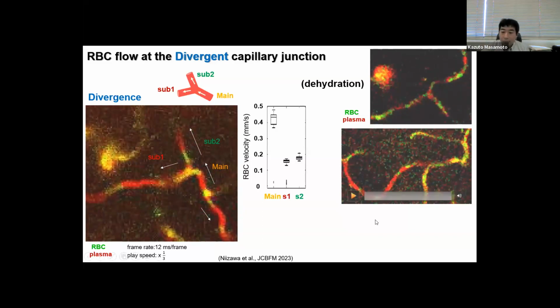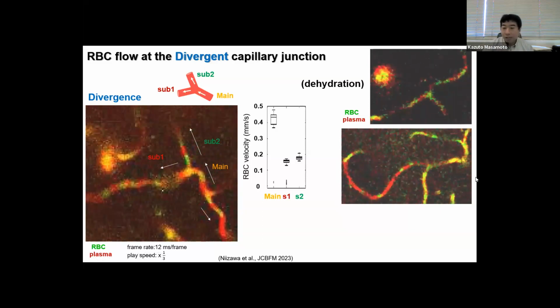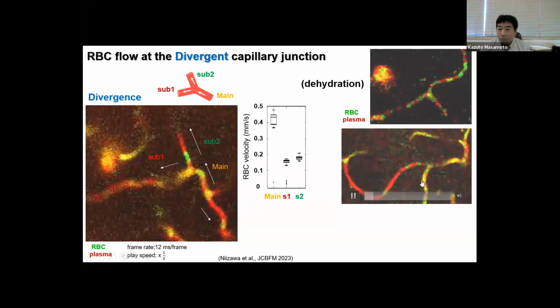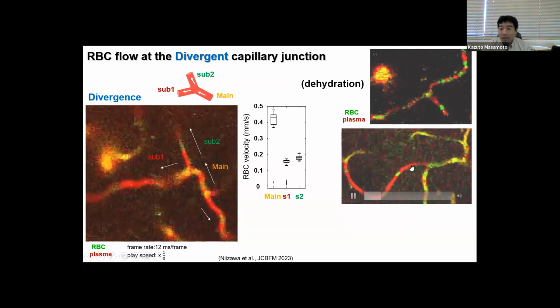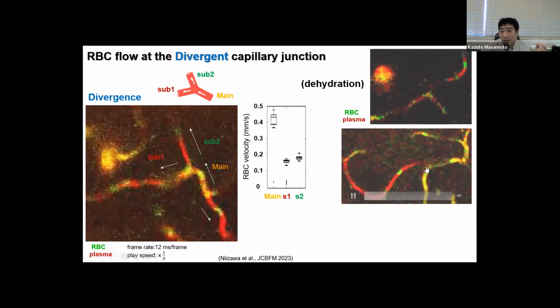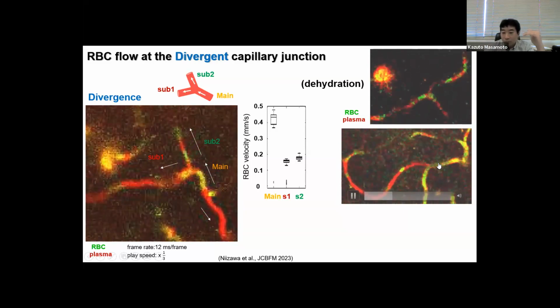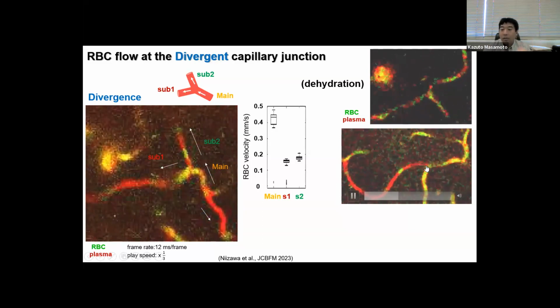Another example here is a kind of traffic jam. You see many red blood cells getting into this flow. There's one maybe like a beginner driver who cannot get onto the highway. So that fluctuates, but it means the fluctuation of the resistance is small, and that causes little chance for this blood cell to get in.